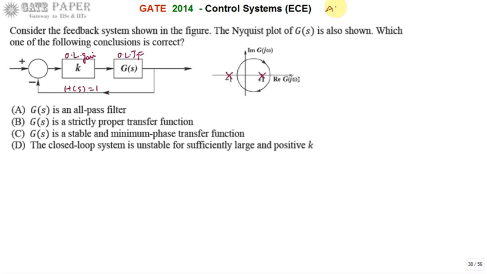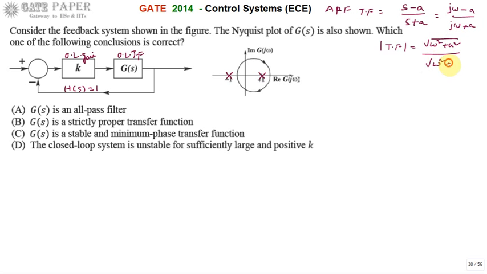The general transfer function of an all pass filter looks like S minus A divided by S plus A, where A is the location of the zero as well as the pole. The magnitude of this transfer function is 1, because replacing S with j omega, we get j omega minus A divided by j omega plus A. The magnitude is the square root of omega square plus A square divided by the square root of omega square plus A square.